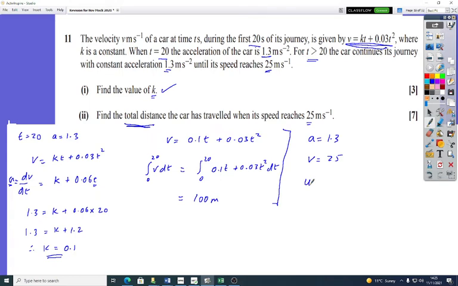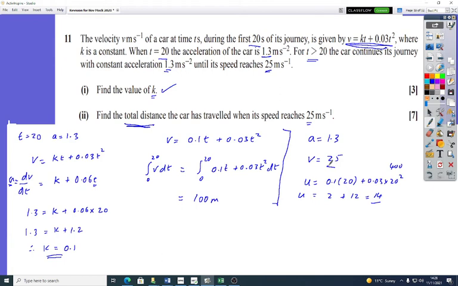So the initial speed would have been 0.1 times 20 plus 0.03 times 20 squared. So you get 2. That is 400, 400 times 3 is 12, so that's 2 plus the 12. So the initial speed was 14.